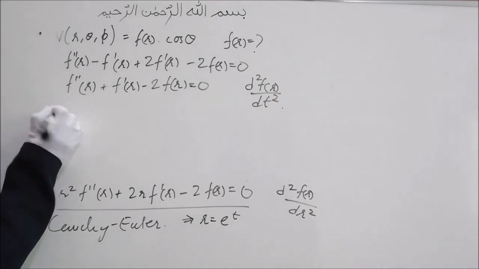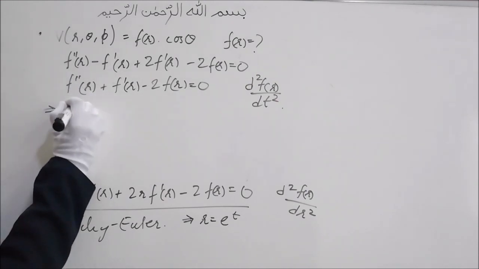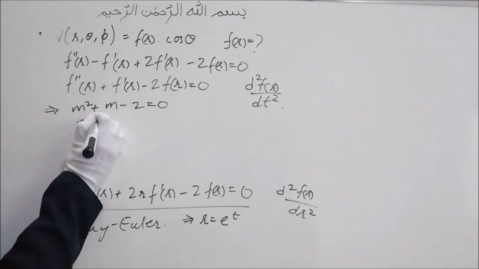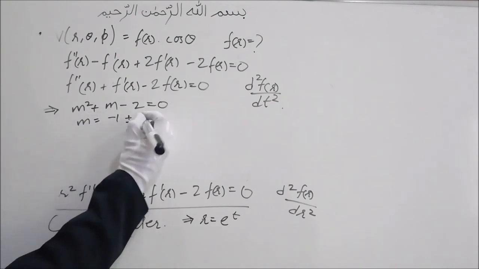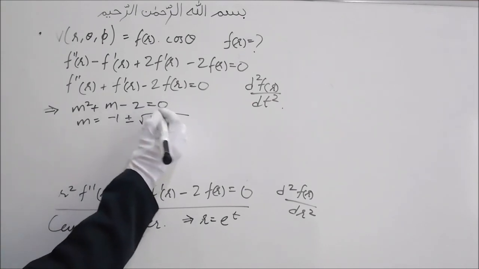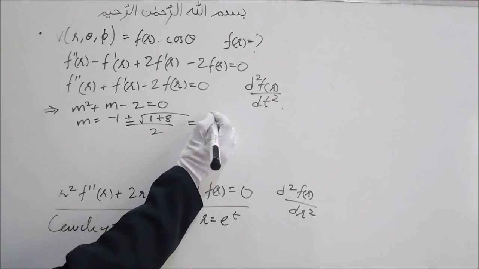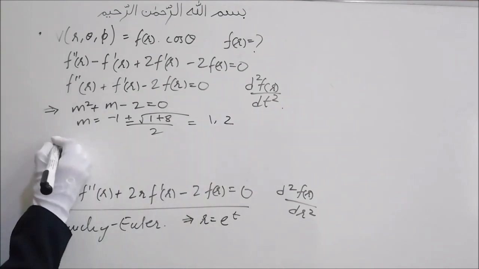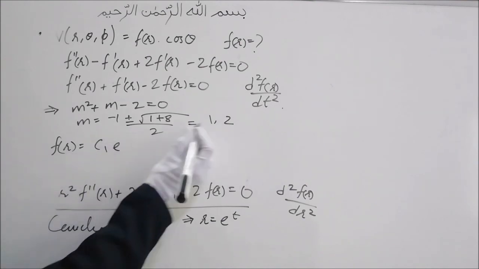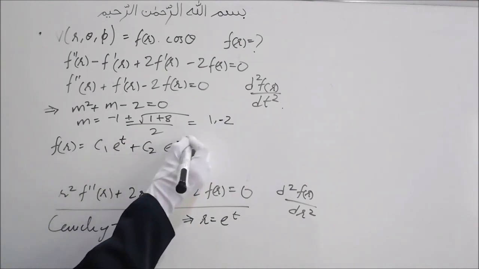So solving this is a second order homogeneous differential equation. You'll have m square plus m minus 2 equals 0. m is equal to minus 1 plus minus root of b square minus 4ac, divided by 2a, and then we get the values 1 and minus 2. Therefore, F of R will be equal to c1 e raised to t plus c2 e raised to minus 2t.